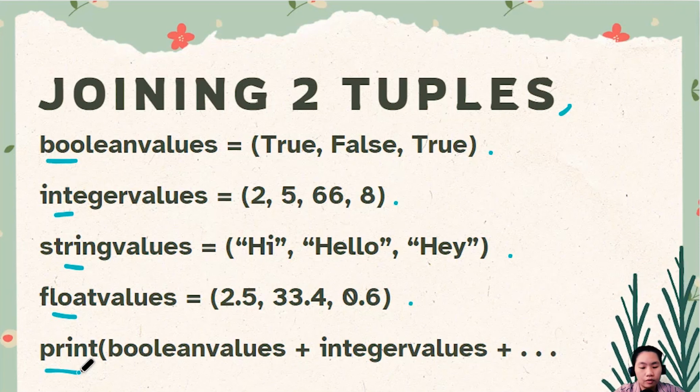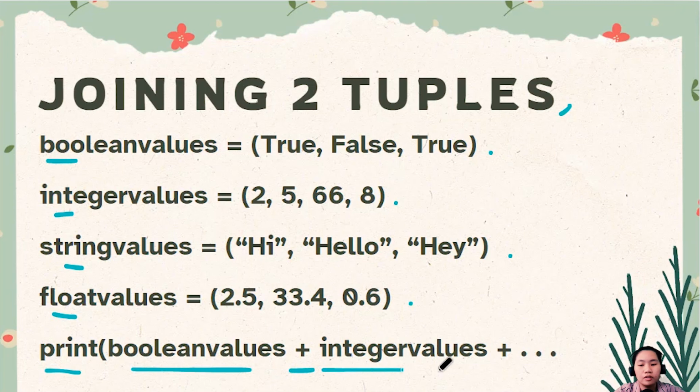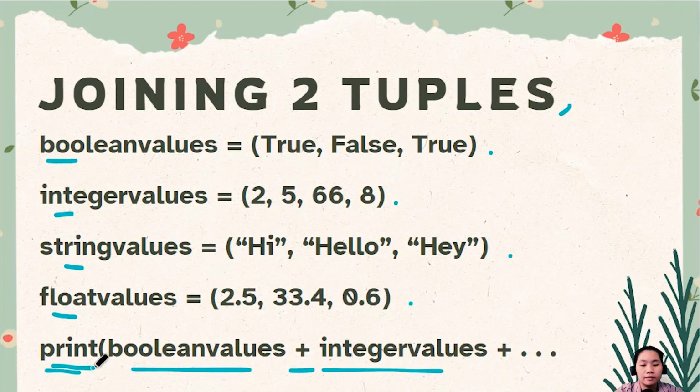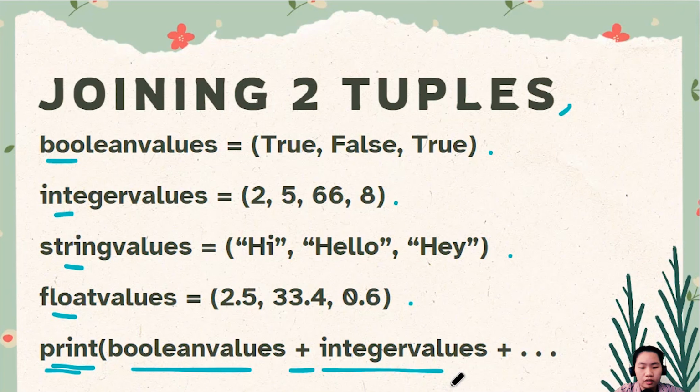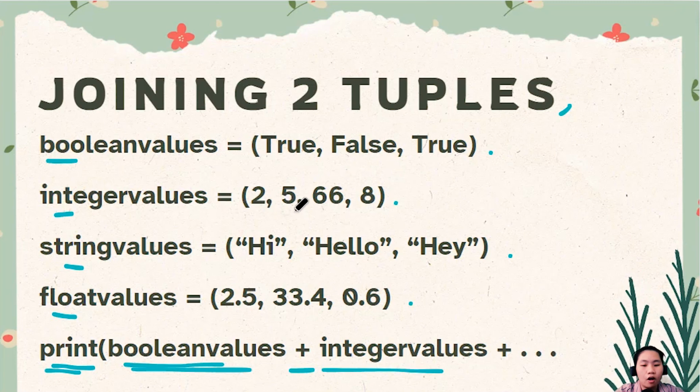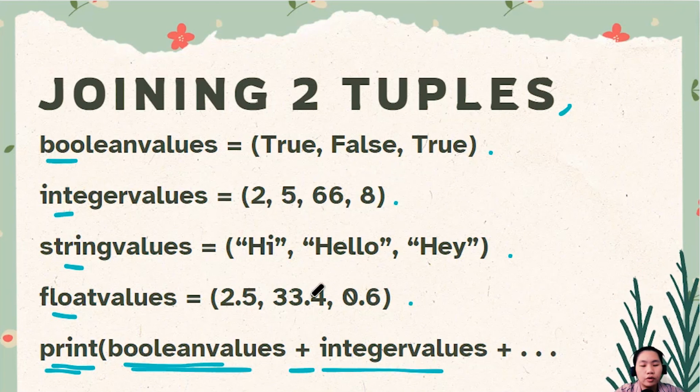And you can write it Boolean values plus integer values, just like what I did here in the print line. And what do you think will be the result of joining tuples this way? Well, since I wrote Boolean values first, we're going to have True, False, True, and then 2, 5, 6, 6, 8. All of this will be joined into one data set, one tuple, basically.